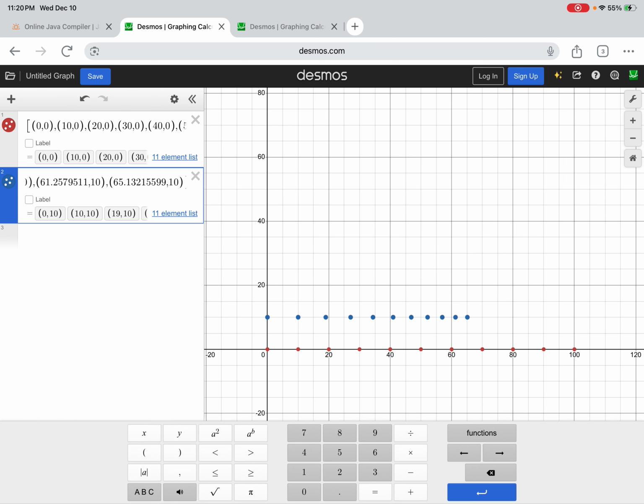So our blue points are the points on line A, the red points are the points on line B.